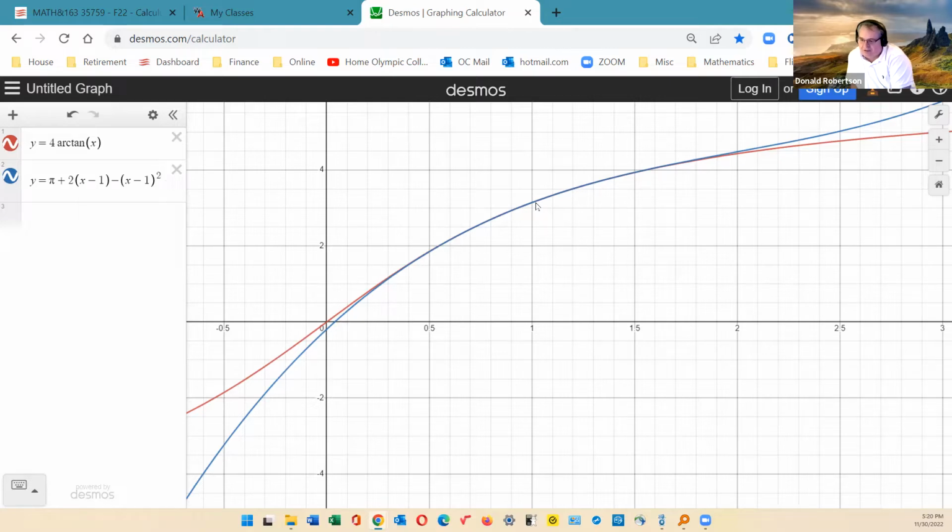Is that amazing that a tan function or an inverse tan function can be represented by a polynomial and represented really quite well? Any comments on that? Does that look interesting? Kind of cool.